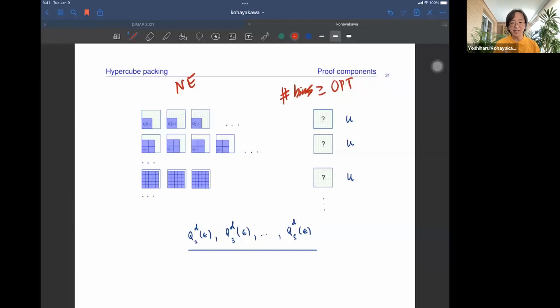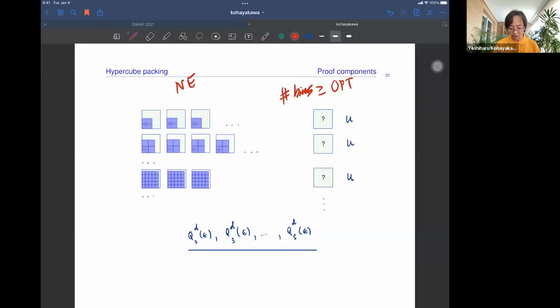So, let me try to explain what I mean here. I said that you could take these homogeneous packings and duplicate or triplicate any of them, right? So here I will have some number of these packings of Q2s. Here I have some number of packings of Q3s, and so on, right?